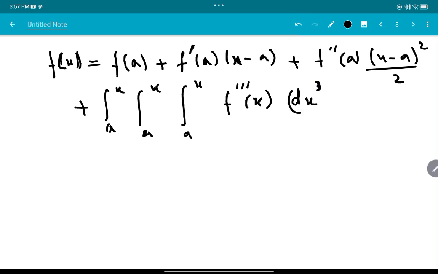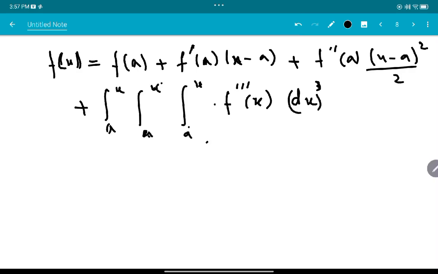Naturally, you know now the pattern, and we can easily write the other terms. For example, if I add the fourth term, then it will be the fourth integral a to x of f4 x dx cube.